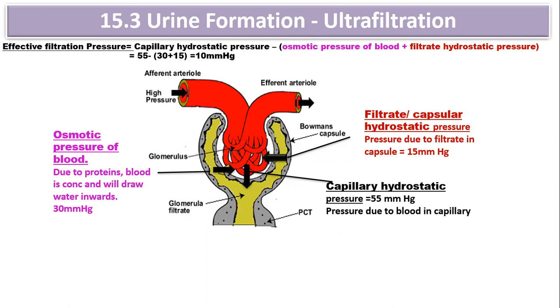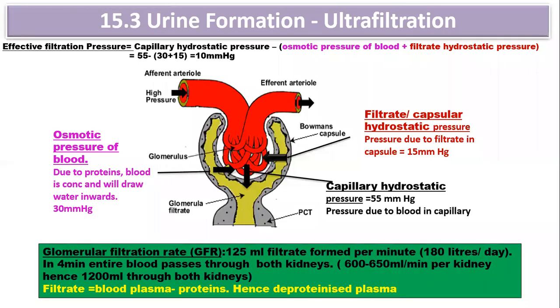Out of that 1200 ml of blood, around 125 ml of glomerular filtrate is formed per minute. So the glomerular filtration rate is 125 ml per minute. That makes around 180 liters per day.